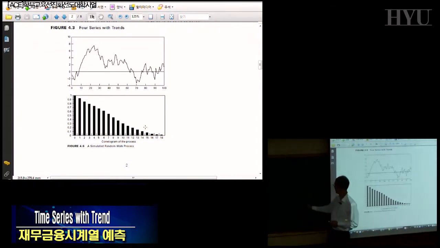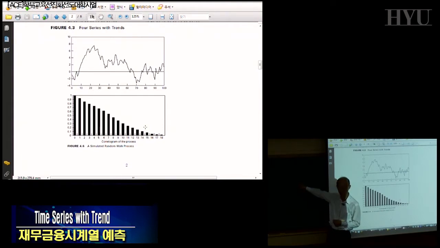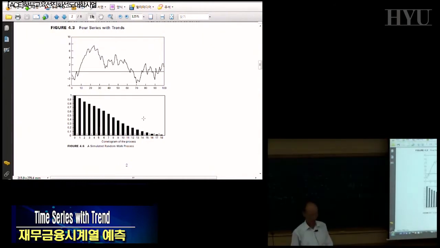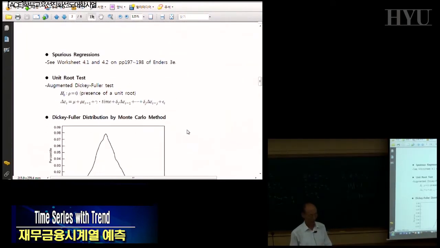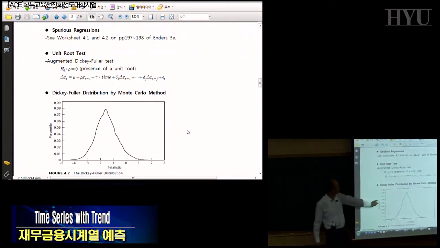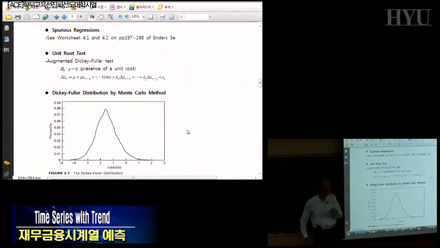If this is in fact less than 1.0, then this is the correct process. So we try to test the presence of a unit root. Let me explain these two and then come back to the first one.